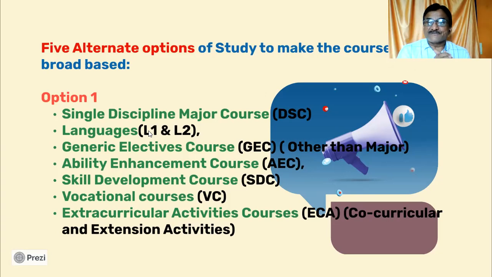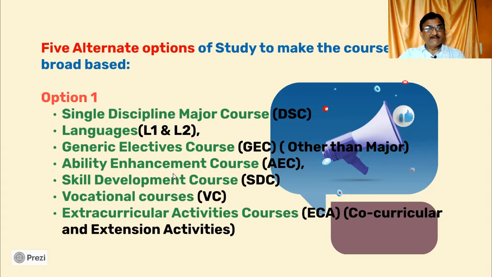Sometimes the BCom student will be very much interested in sports. The list of subjects will be available in games, so he can also choose that particular course. Understand my point? So this one will give the opportunity to go beyond the discipline subject.